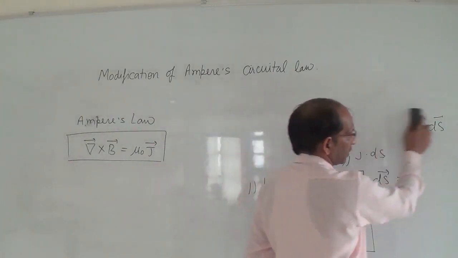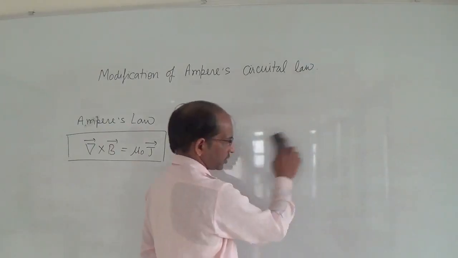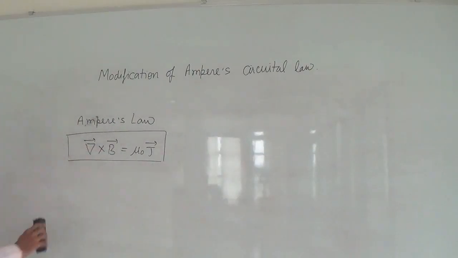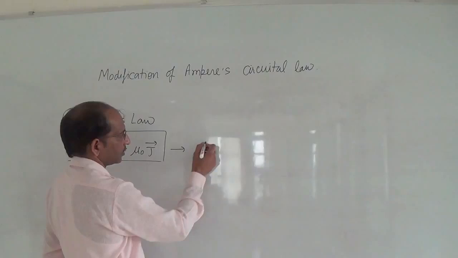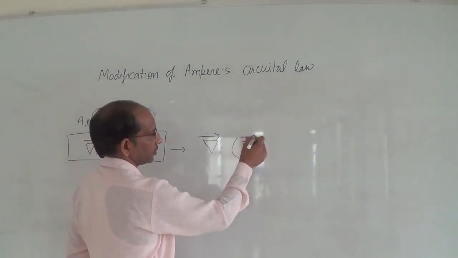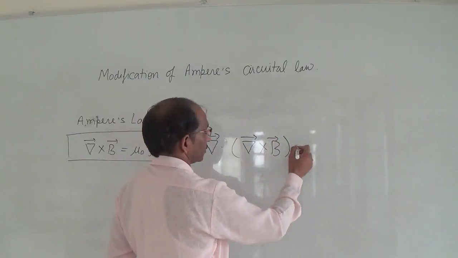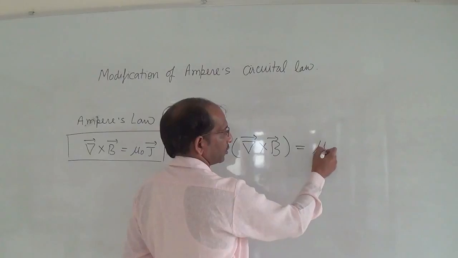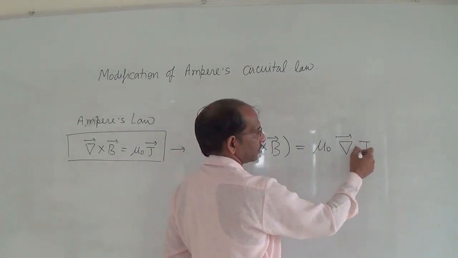First of all, I have to take the divergence of this equation. The divergence of this equation will be del dot del cross B is equal to mu naught times del dot J.